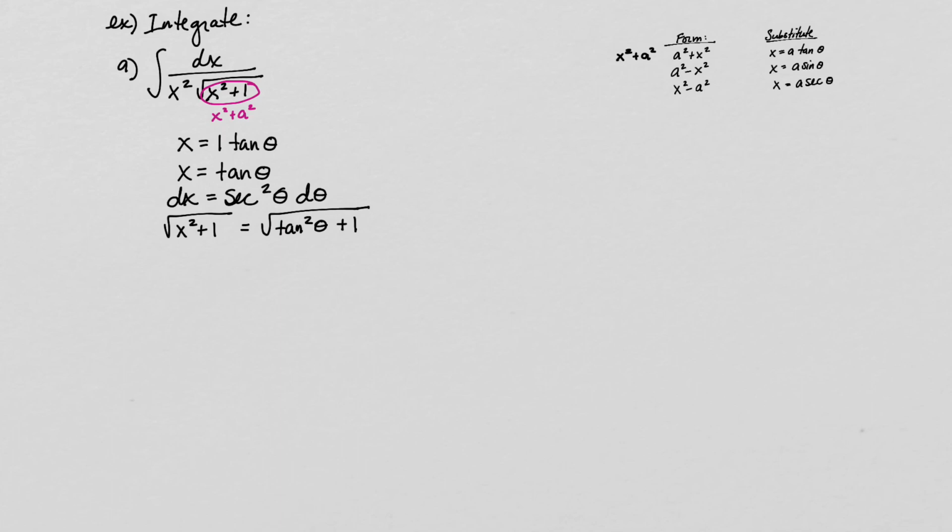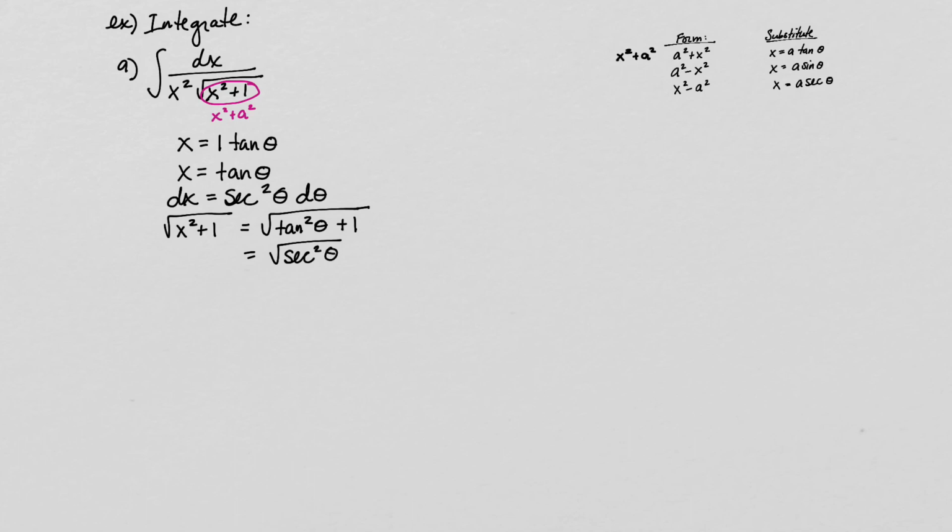Does anybody remember what tangent squared theta plus 1 is? Yeah, tangent squared theta plus 1 is secant squared theta. Remember, that's on that sheet I gave you. If you don't remember that handout we talked about last time, that identity is on there for you. So this is going to be the square root of secant squared theta.